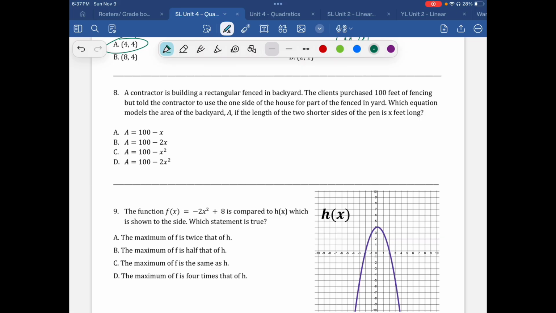Number 8 says a contractor is building a rectangular fenced-in backyard. The client purchased 100 feet of fencing, but told the contractor to use one side of the house for part of the fenced-in yard. Which equation models the area of the yard A if the length of the two shorter sides of the pen is x feet long?